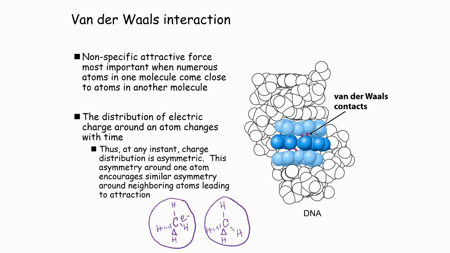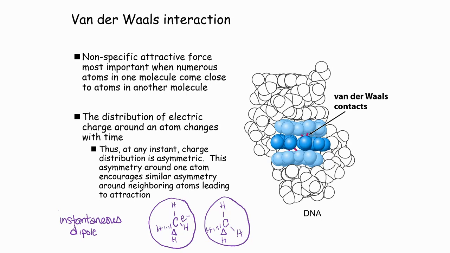If you think about what's going on there, that is what's called an instantaneous dipole, meaning that at any given moment, electron motion produces one side of the molecule that's a little more negative than the other side. So the word dipole is going to come up for us. A dipole will mean that one side is more negative than another side of the molecule.